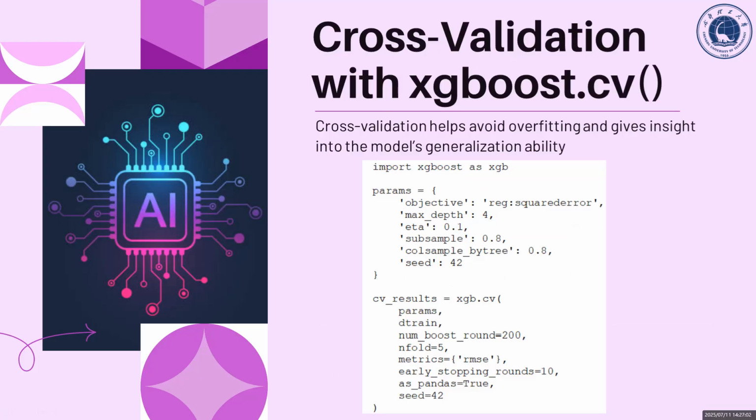All right, so this is another method of data partitioning. We have two methods: we have the train test split, and we have the cross-validation. So the cross-validation helps avoid overfitting and gives insight into the model's generalization ability.